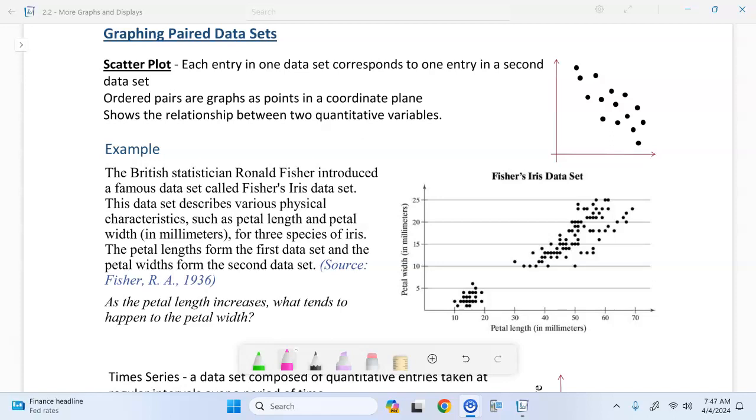A really, really common paired data set is the Fisher's iris data set. I actually worked a lot with this in my grad program because it was a nice data set that allowed for a lot of different analytical models.